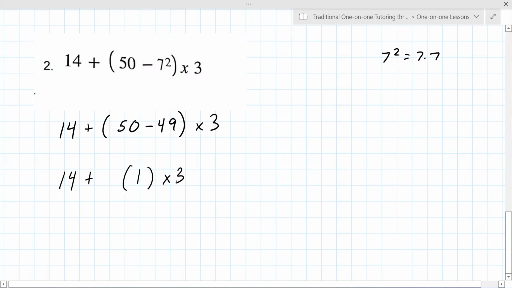Okay. And then you just have to decide, do you add or multiply? You multiply first. 14 plus 3 is 17.